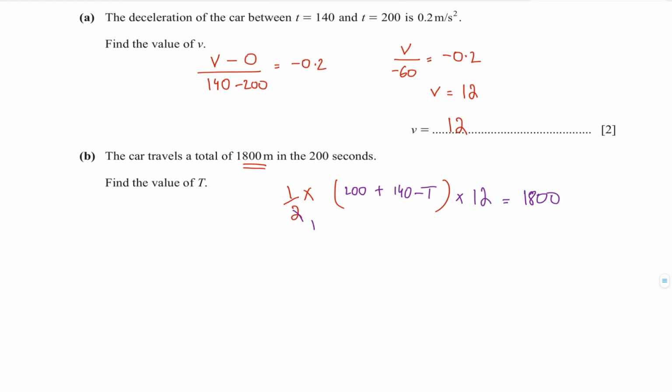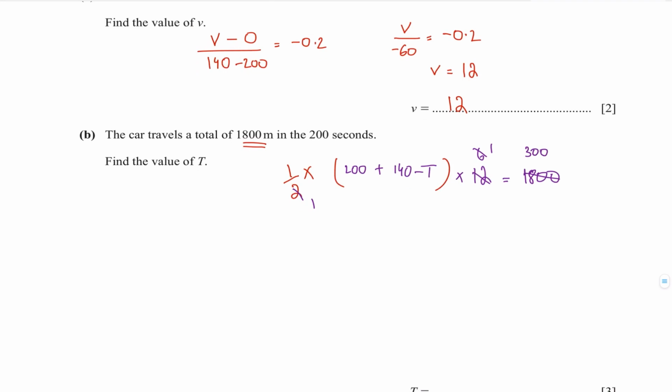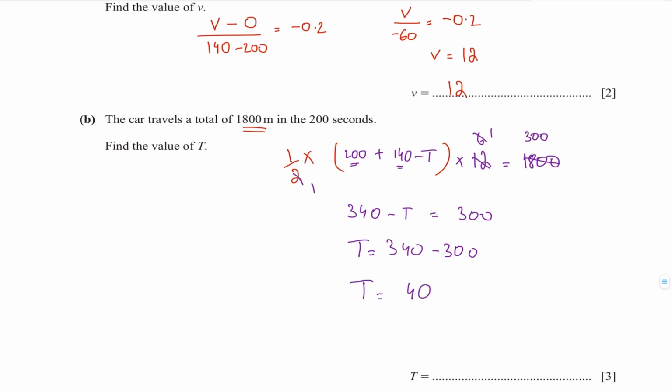Okay, so let's start simplifying this. 2 ones are 2, 2 sixes are 12, 6 ones are 6, 6 threes are 18. So we have 200 plus 140, which is going to be 340 minus t, multiplied by 1. So there's no point in writing that. In fact, there's no point in making a bracket anymore, is equal to 300. So t is going to be equal to 340 minus 300. So t equals 40. Yeah, just 40.